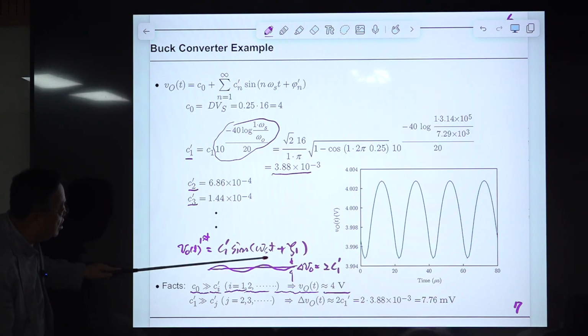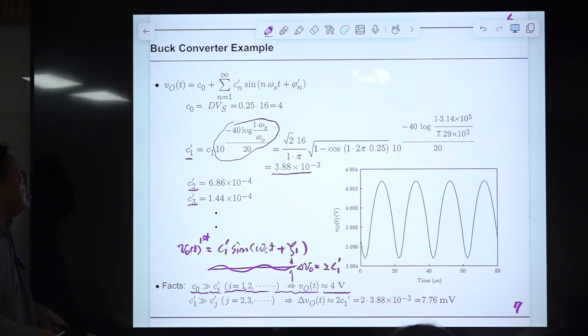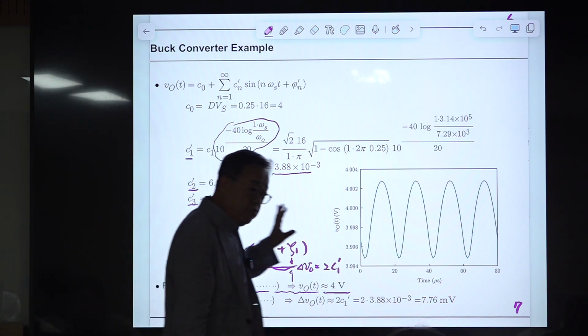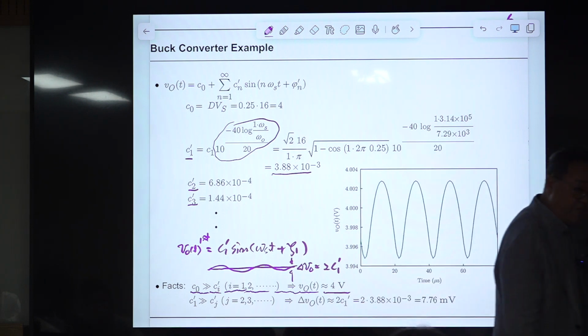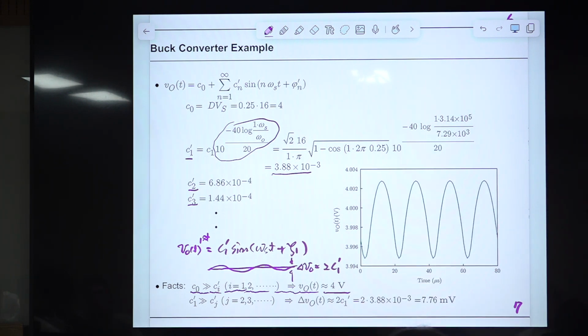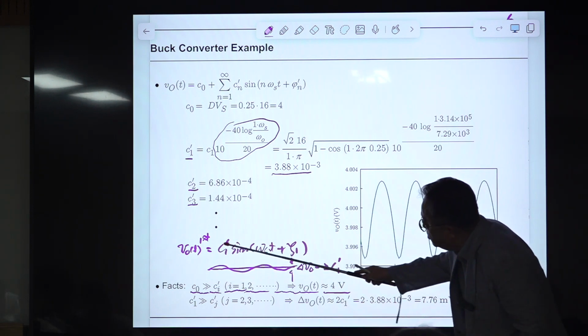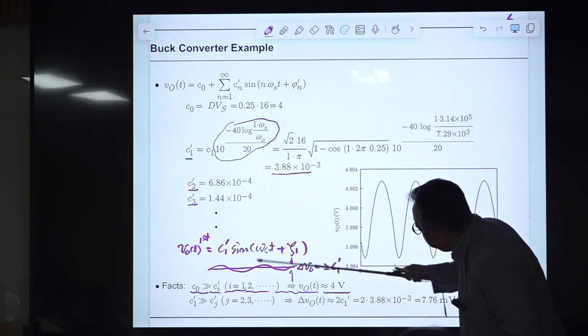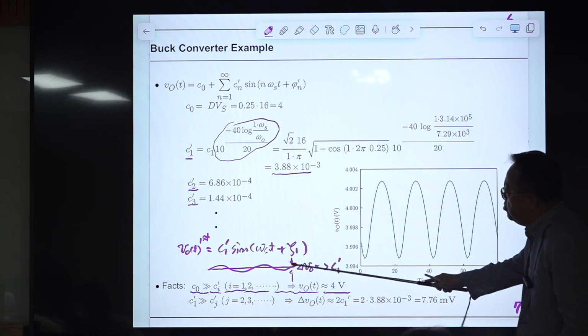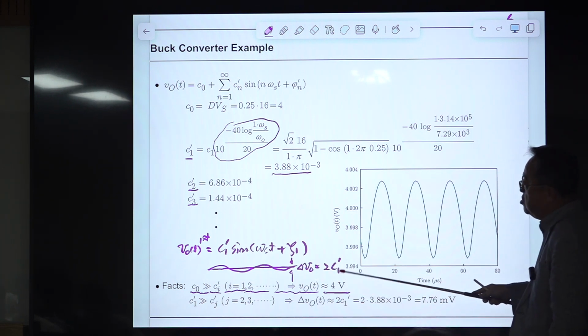This is omega s t, and this phi 1 is some angle, so we don't need to know it. We don't care about the phase, just the magnitude is important. Then this is a sinusoidal waveform, and from here to there is C1 prime, so this variation is 2 times C1 prime.